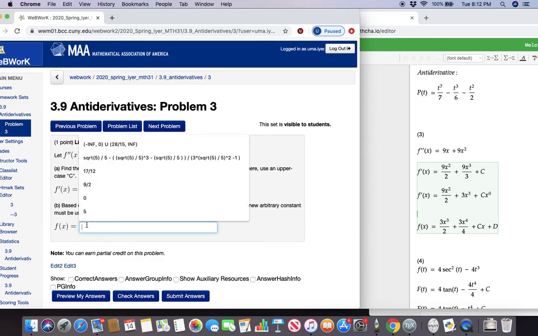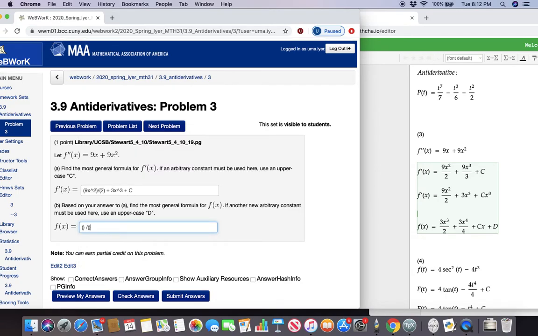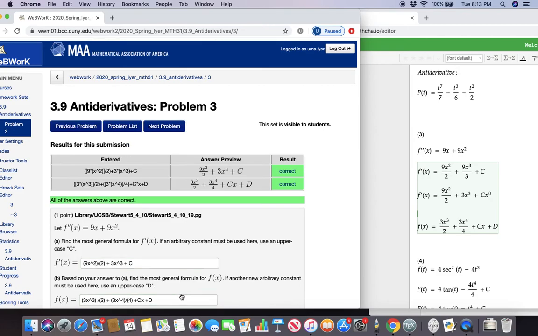I have a fraction for the first term plus a fraction for the second term plus cx plus d. What is the first term? 3x to the power 3 over 2. What's the second term? 3x to the power 4 over 4. Submit, you're done.